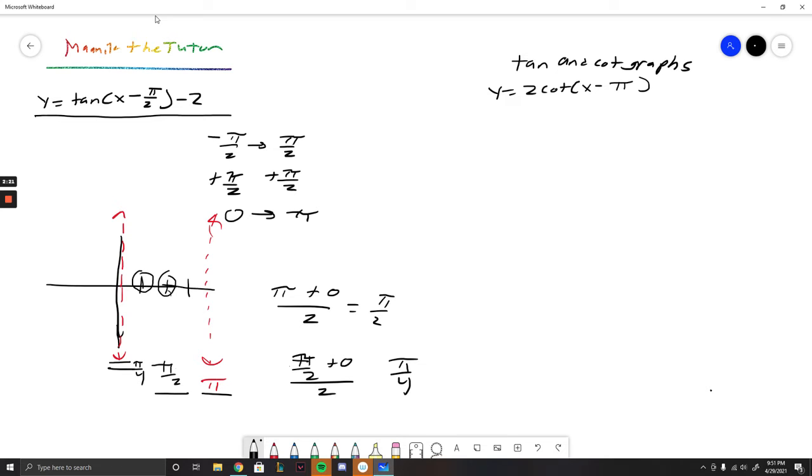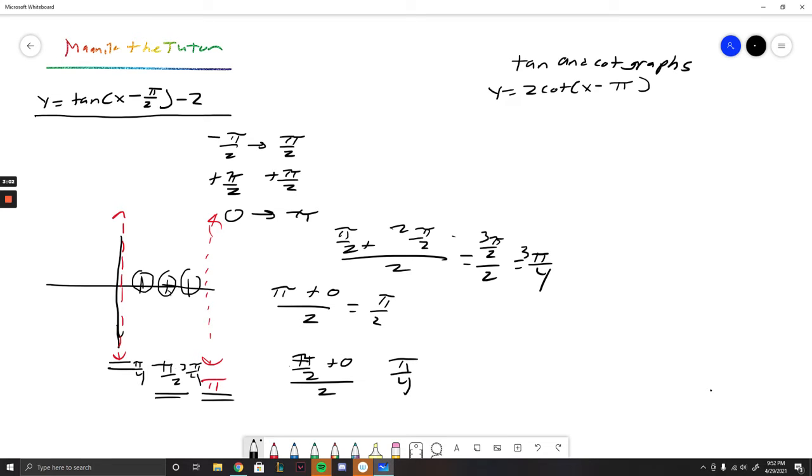And then for our last point, we're just going to average pi over 2 and pi. So pi over 2 plus 2 pi over 2, and over 2 of course, which is going to give you 3 pi over 2 over 2, which is 3 pi over 4.